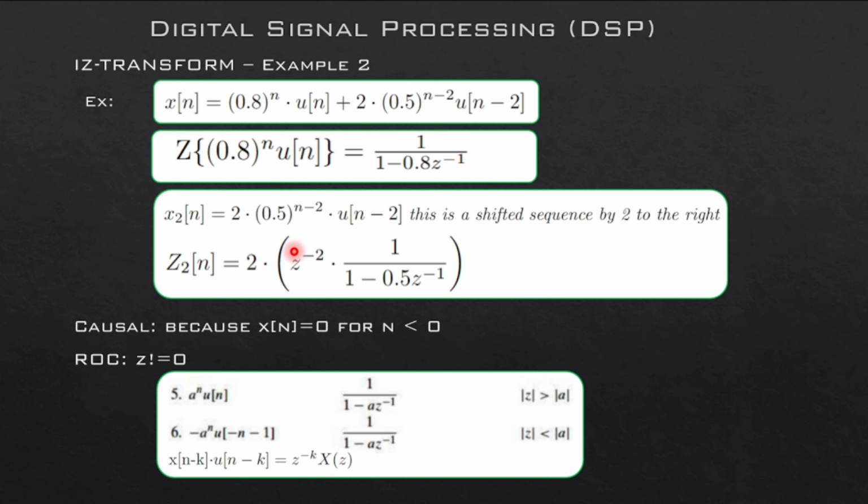2 times, all right. Now you have 0.5 to the power n minus 2. Here, this is a shift of minus 2, correct? So you have z to the power minus 2, times what? 1 divided by 1 minus 0.5 z minus 1.